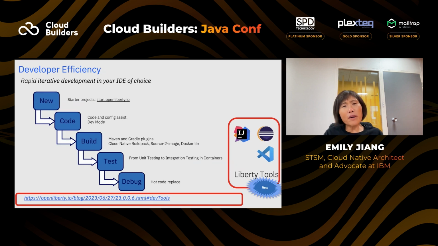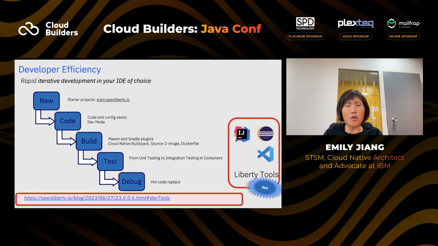And for developer efficiency, because hopefully a lot of you are Java developers, it offers all different tooling to help you along from when you create your first line of application.